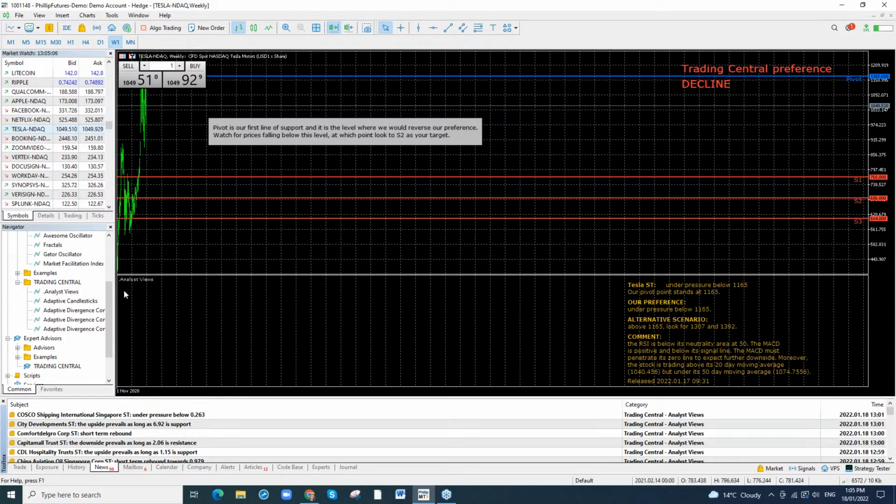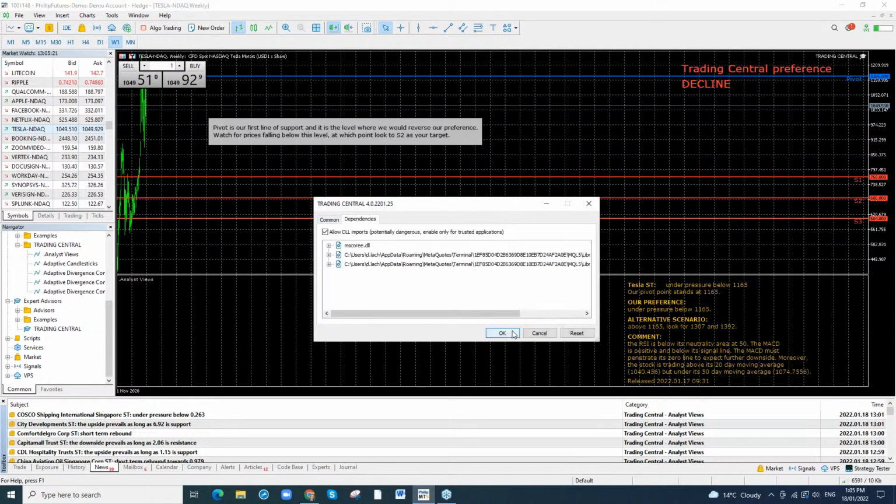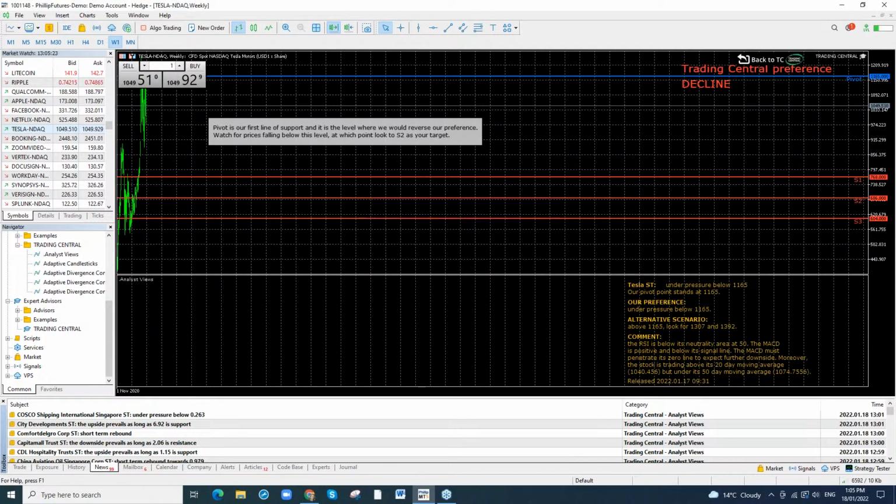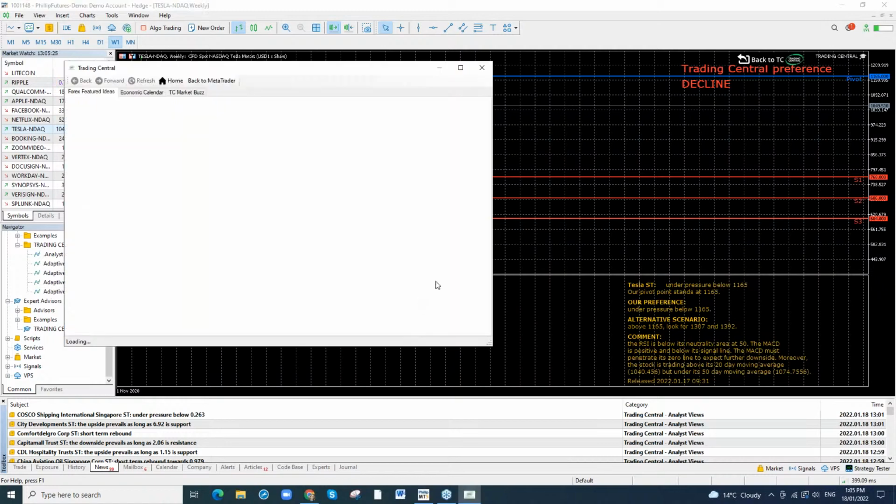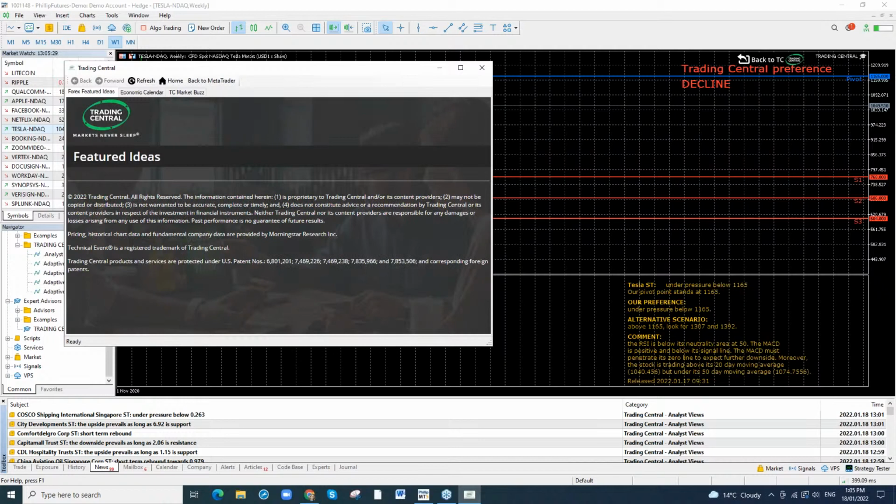When it comes to Market Buzz and other tools that are available under our plugin, you will find them under Expert Advisors, again, Trading Central with capital letters. What you need to do is drag and drop, and then click OK, and a small pop-up window will appear, where currently you're going to find 3 of our tools.